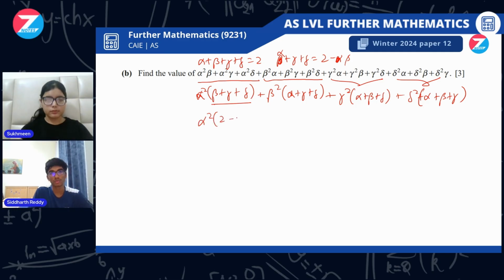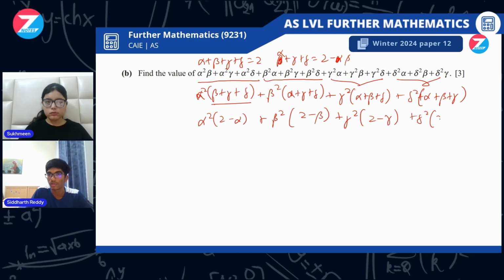So alpha square into 2 minus alpha plus beta squared into 2 minus beta plus gamma squared into 2 minus gamma plus delta square into 2 minus delta. Okay.